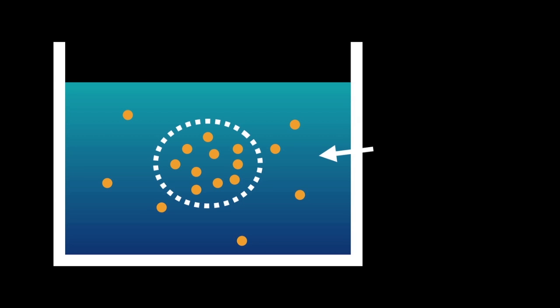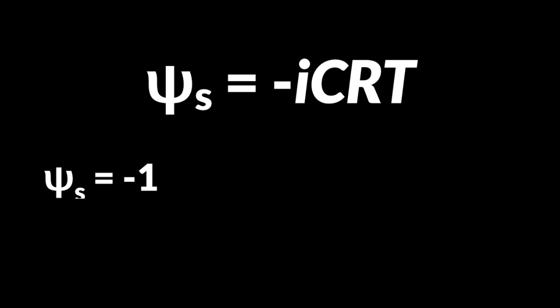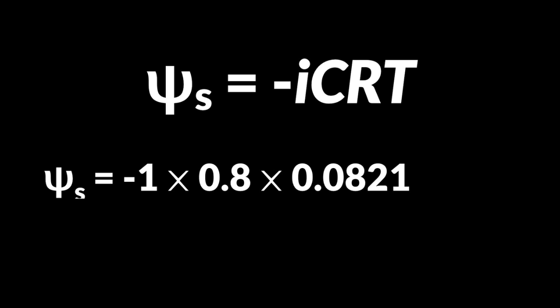For example, in this system, suppose that the solution outside of the cell is 0.8 molar sucrose in water, at a temperature of 298 Kelvin. We use our equation: negative 1, because 1 is the Van't Hoff factor for sucrose, times 0.8, the molarity of the sucrose, times 0.0821, the ideal gas constant, times 298, the temperature.